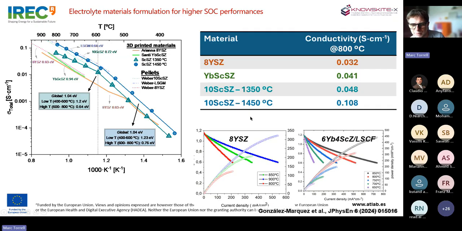So here are some IV curves proving already this capability of printing new electrolytes. This is the one that we had already seen, and here already with the Ytterbium Scandia printed full cell using intermediate temperature perovskites as oxygen electrode, so achieving much better results than the ones in the 8YZ.